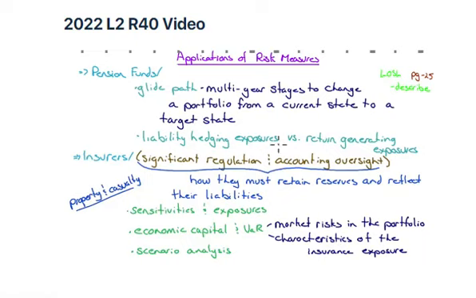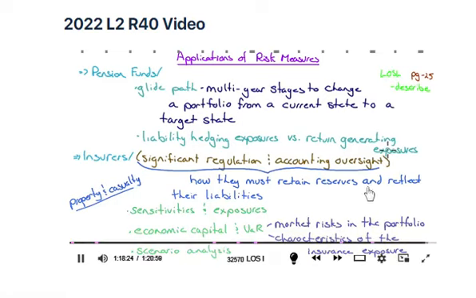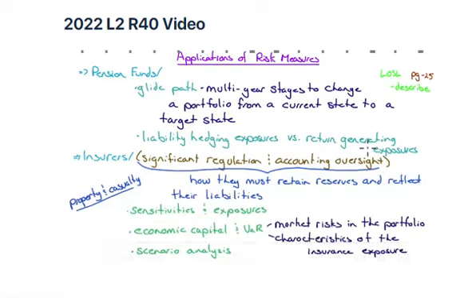That's something called a glide path: multi-year stages to change a portfolio from a current state to a target state. Liability hedging exposures in your portfolio versus return generating exposures. Obviously a pension fund cannot be 100% in return generating assets. It has to hedge these liabilities. So you'd want to know what balance you have in your portfolio of hedging liabilities versus generating returns.